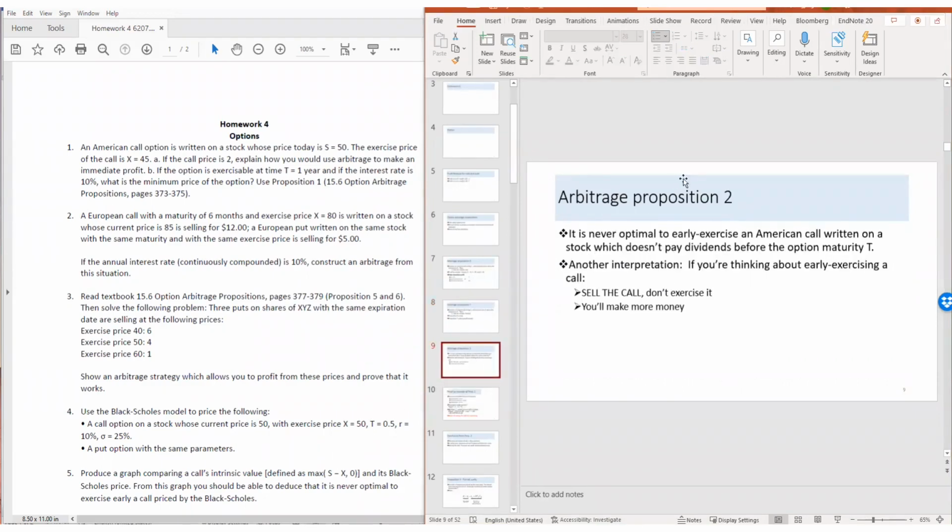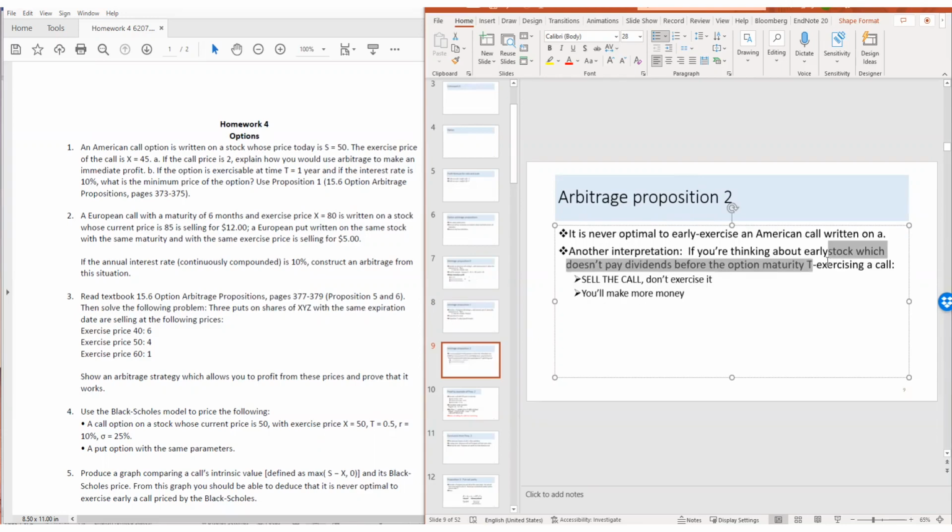Okay, going down to arbitrage proposition 2. It is never optimal to exercise the American call option early, when the underlying stock does not pay any dividends before the option maturity, time T. The interpretation of this proposition 2 is that early exercising the call will never show any better profits than selling the call.